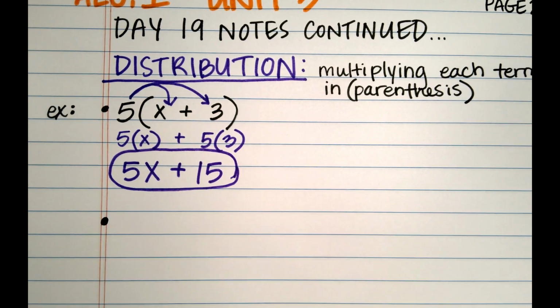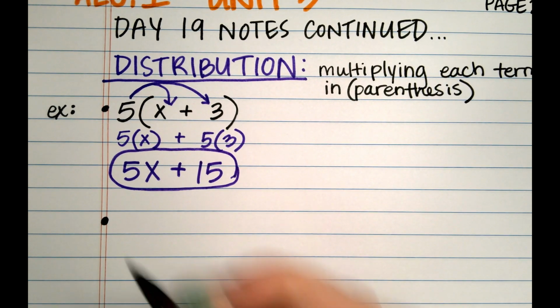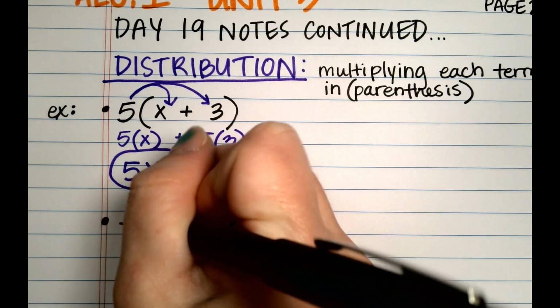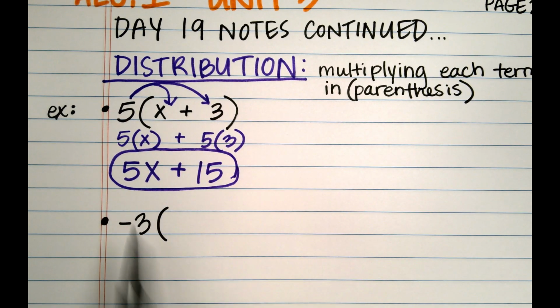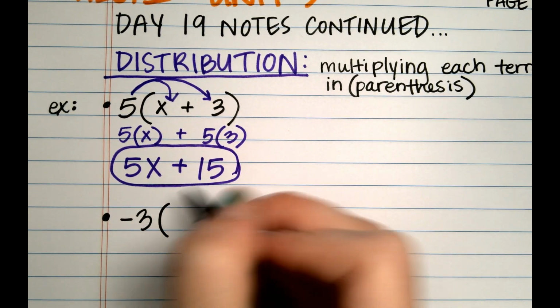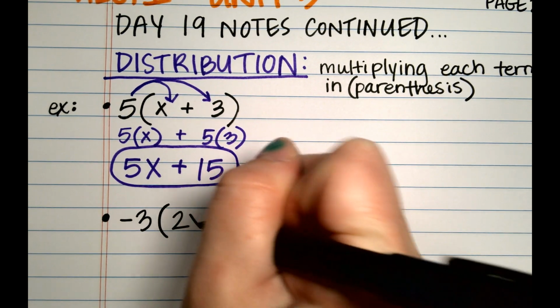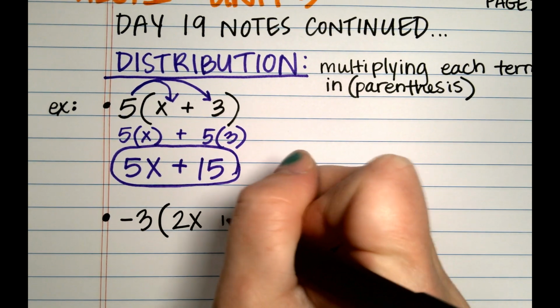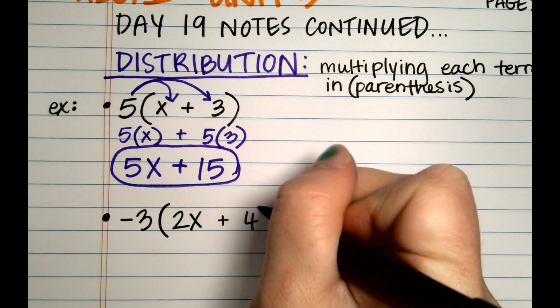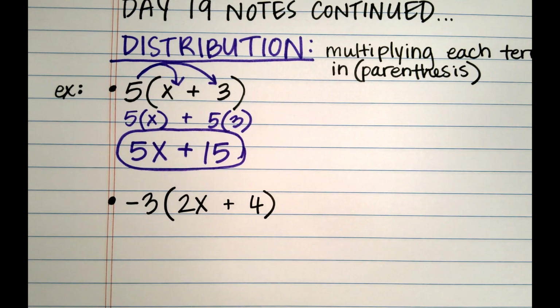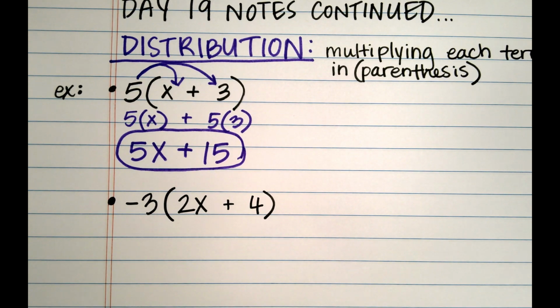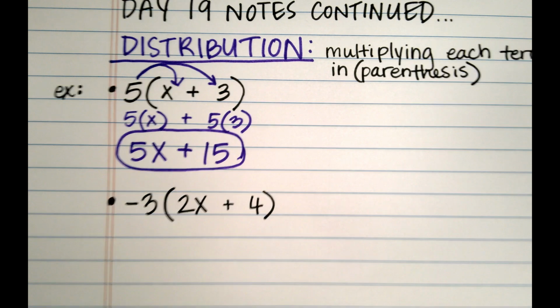Let me show you another. What if I have -3 on the outside, and in my parentheses I have 2x plus 4? What would I do here using distribution?